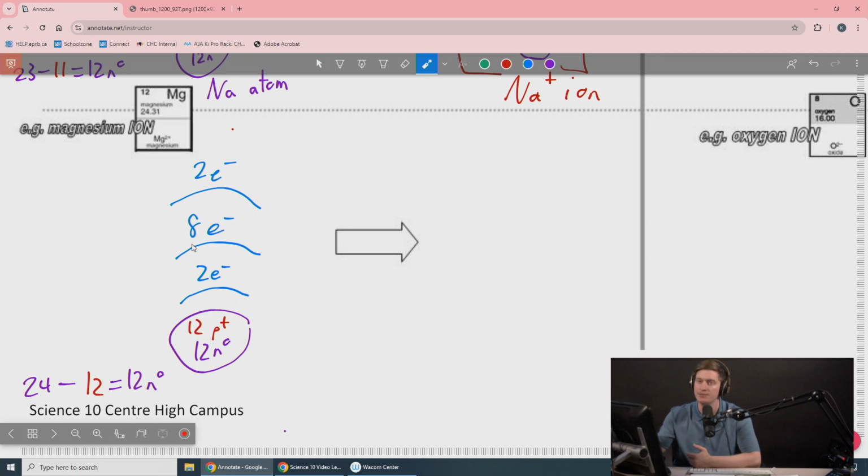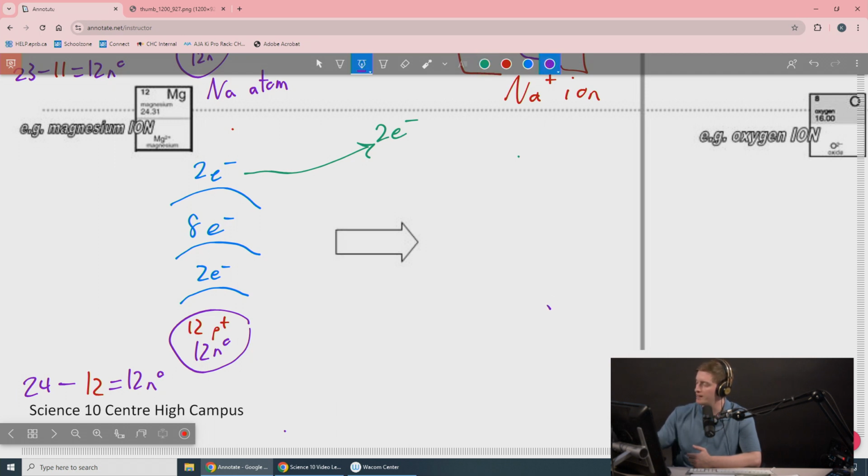So when magnesium forms an ion, it's going to get rid of both of these valence electrons. You can predict what the ion's going to form by looking at your periodic table. You can see that magnesium has this 2+ charge, which means we must have lost both electrons. So we will lose both valence electrons.